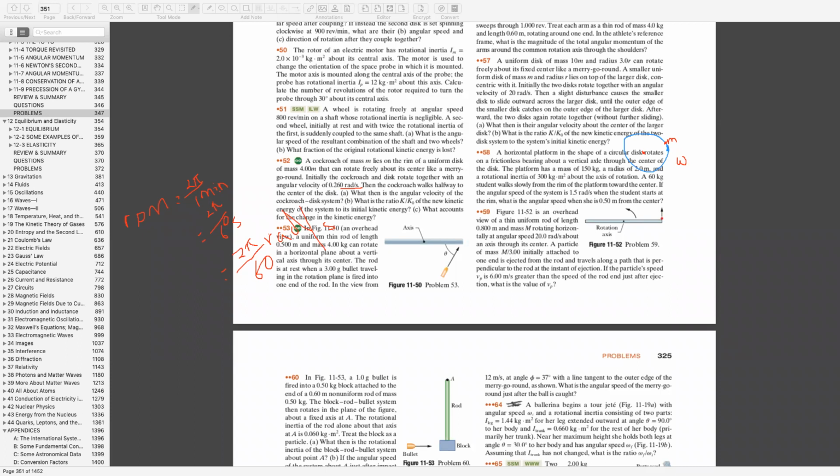Where's my note? But anyways, we have to make sure. If we know what they are asking for, we try to get all the information, put it together, and then put it into the equations, right? Let me see.